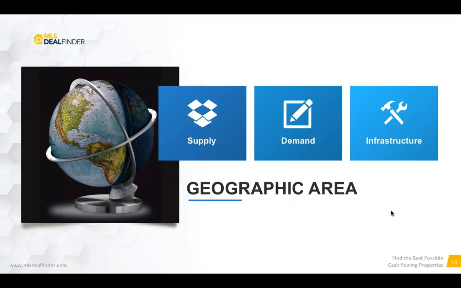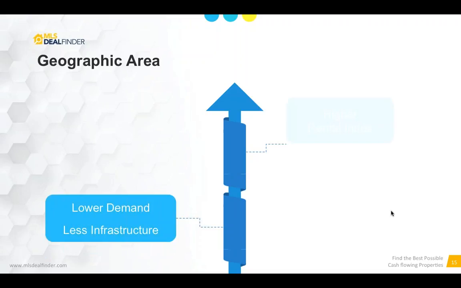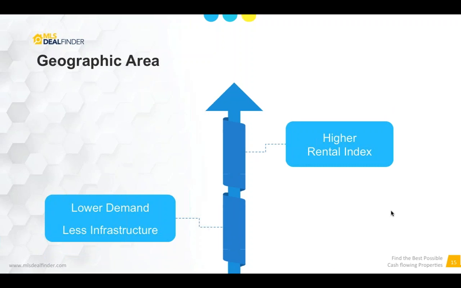However, the other side of it is that you're going to have really high quality tenants who are willing to pay a relatively high amount of rent and stay forever, even though it costs you more to own that house. So, going back to this chart, the lower the demand and the less the infrastructure, the higher the rental index you're going to yield.